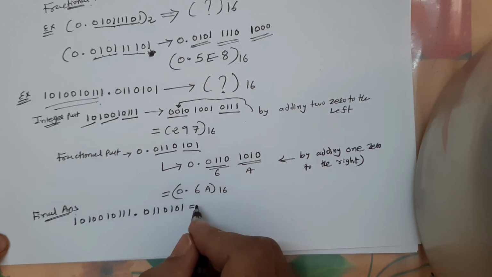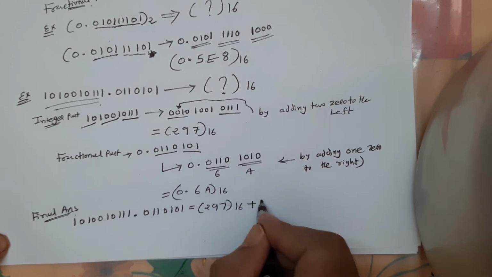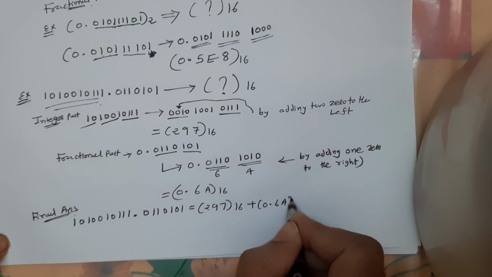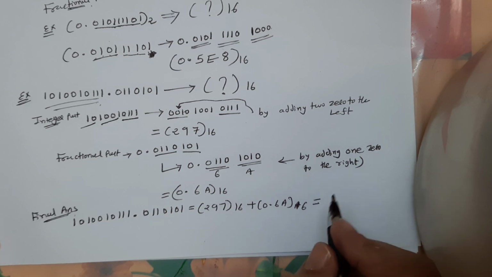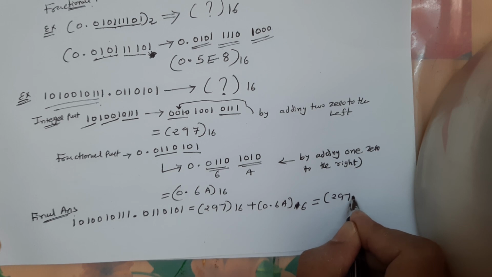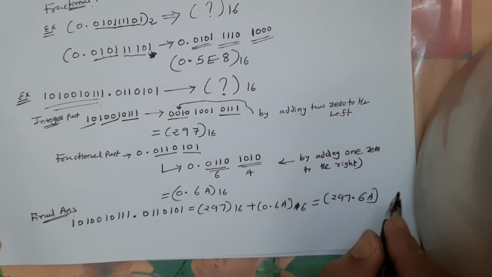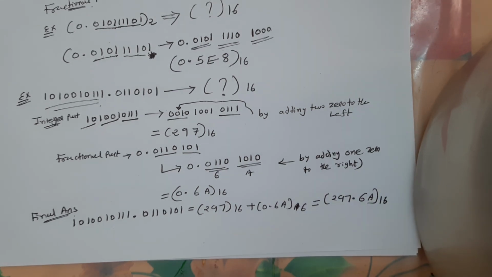It is equal to 297 hexa plus 0.6A hexa, and this is equal to 297.6A hexa, right? So in this way you convert a binary number into the form of a hexadecimal number, right?